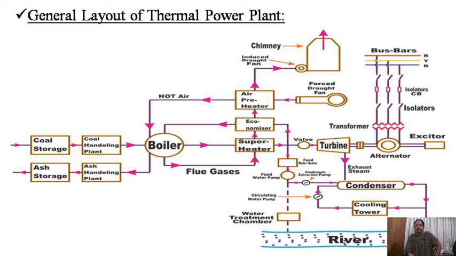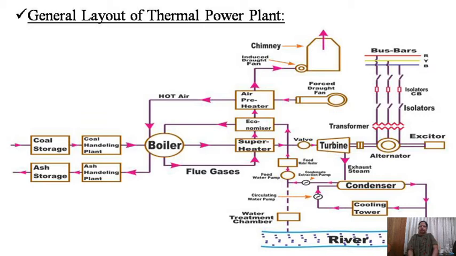The turbine converts the steam into mechanical energy and the alternator is coupled to the turbine. It converts the mechanical energy to electrical energy and then it is passed on to the busbar, transformers and isolators.